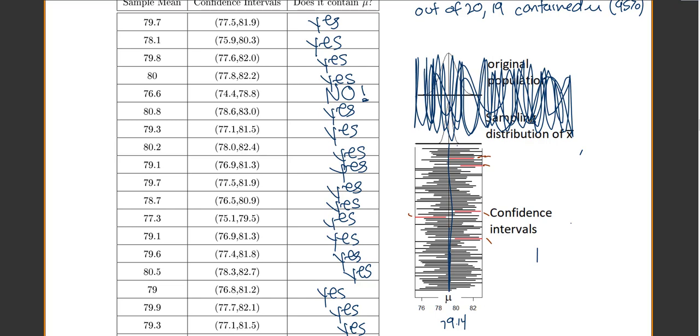So out of 100 confidence intervals, only 5 didn't contain mu.